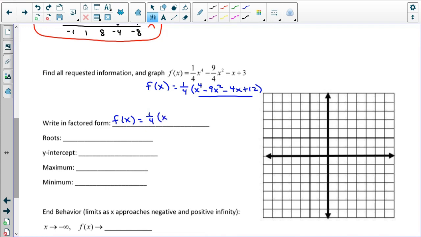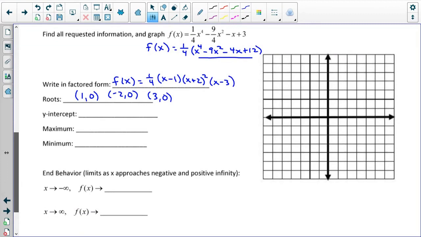But I should end up with x minus 1, x plus 2 squared, and x minus 3. So my roots should still be at (1, 0). (-2, 0) should still be a double root. And (3, 0) should still be a root. I should have a y-intercept at (0, 3). So that's not going to be at (0, -12) anymore.